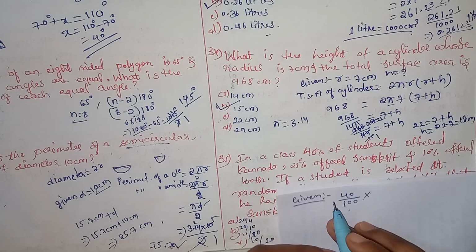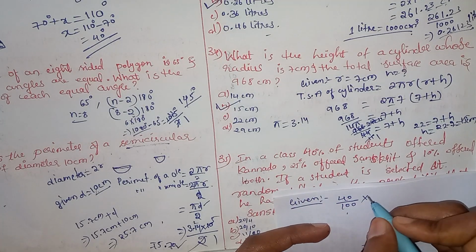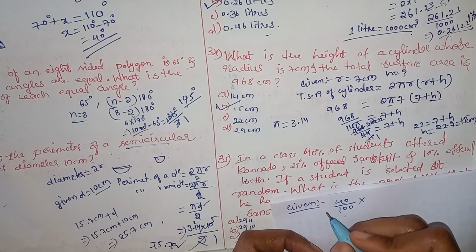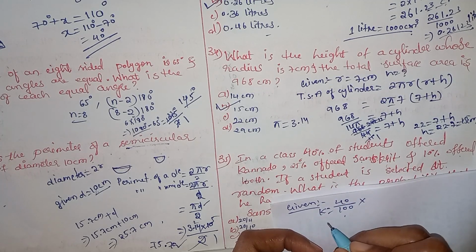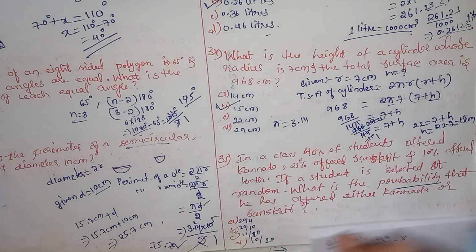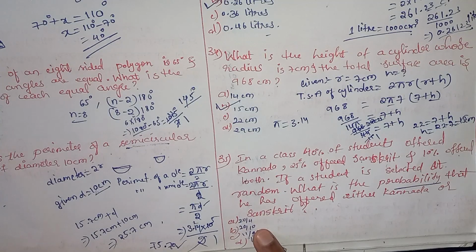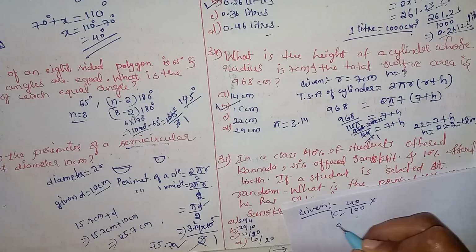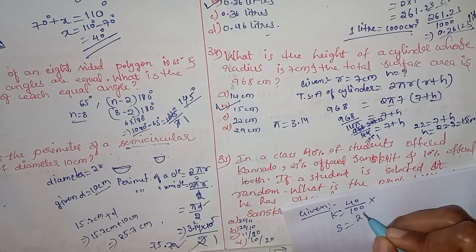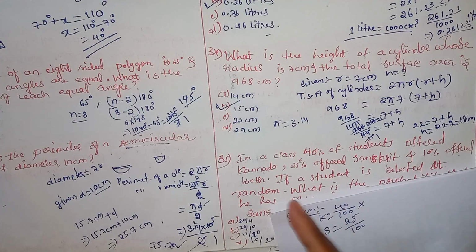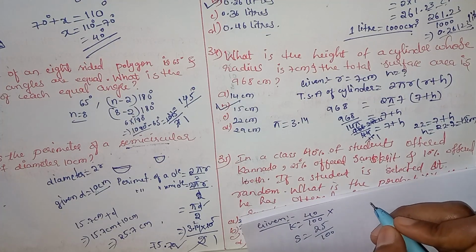Next, 25% offered Sanskrit. For Kannada, K is equal to 40 by 100. We will convert 40% into a fraction because the answer is in fraction here. For Sanskrit, S is equal to 25% of students selected. And 10% offered both. Both means what?